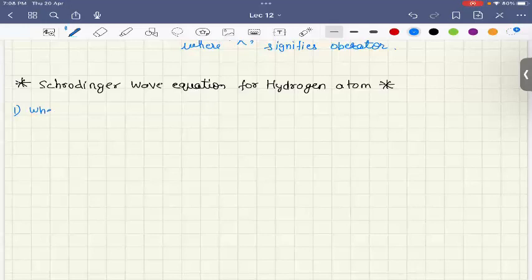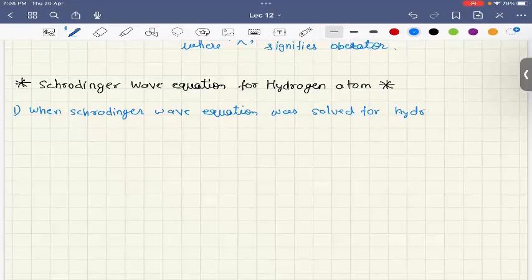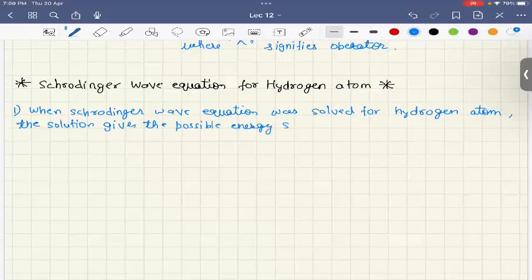So let us write this down. When the Schrodinger wave equation was solved for the hydrogen atom, the solution gives the possible energy states or energy levels that an electron can occupy.